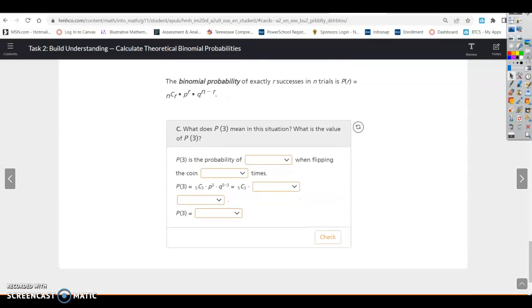The binomial probability of exactly r successes in n trials is P of r equals nCr, our combination, times P to the r, where P represents success, and then times Q to the n minus r, where Q is our failure.